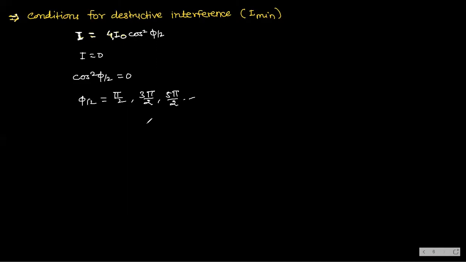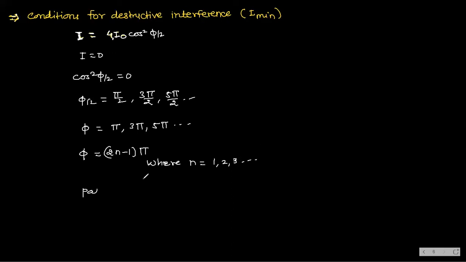So phi is equal to pi, 3 pi, 5 pi, 7 pi, 9 pi, like that, odd multiples. So what is the phase difference then? Phi should be equal to (2n minus 1) into pi, where n is equal to 1, 2, 3, and so on. Okay?